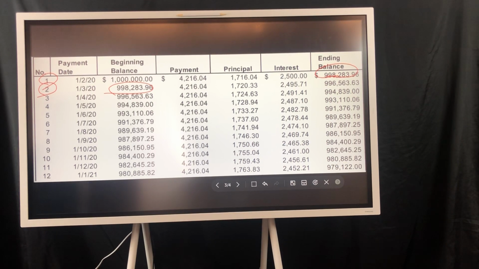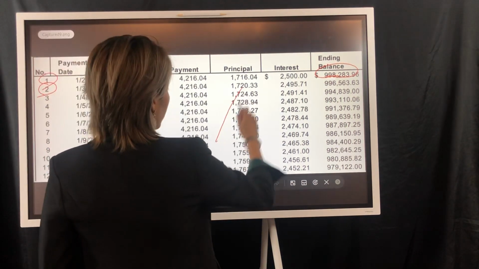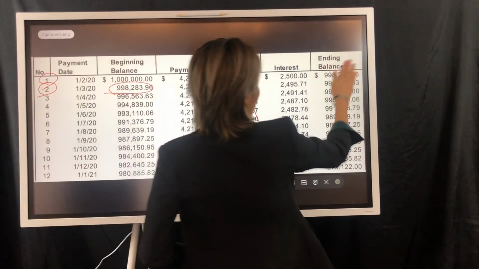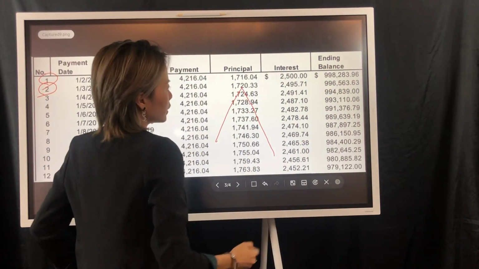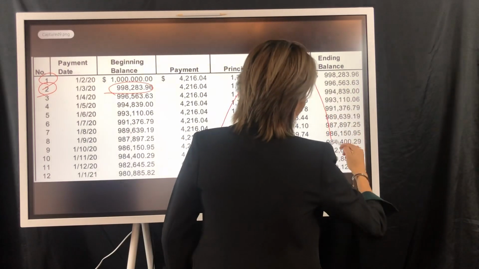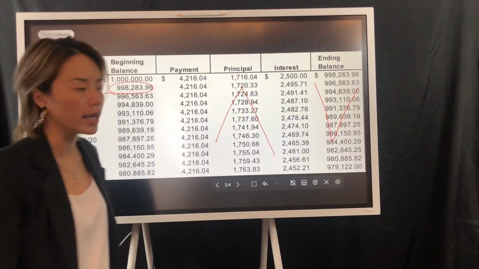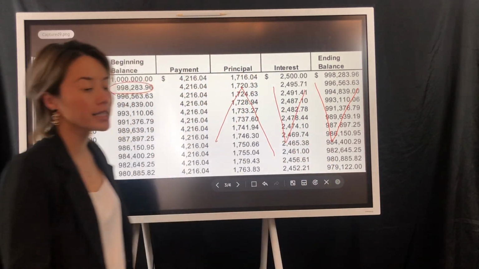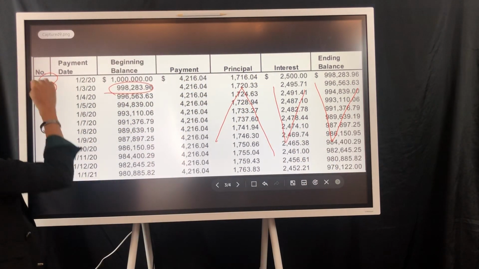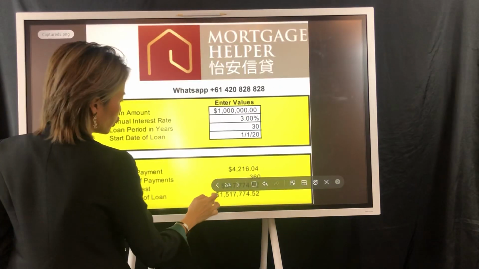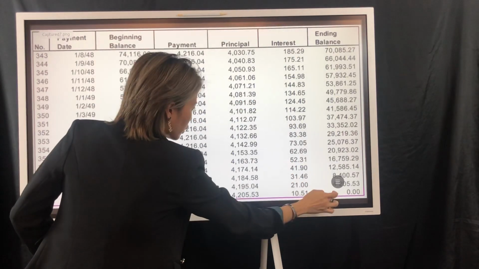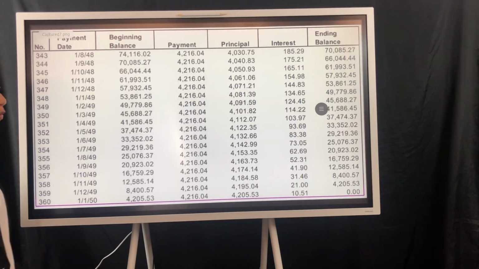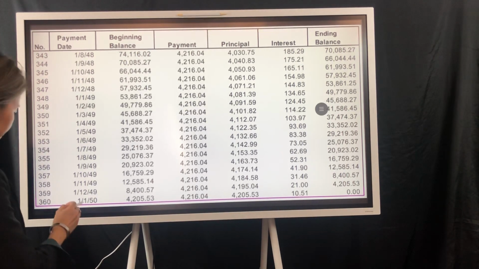So you can see the principal we are paying is getting larger and larger because more principal goes into the balance. That means the ending balance is getting smaller and smaller, and of course the interest you pay also gets smaller and smaller. So from the first repayment we go to the last final repayment, which is 30 years later when we all become granny.